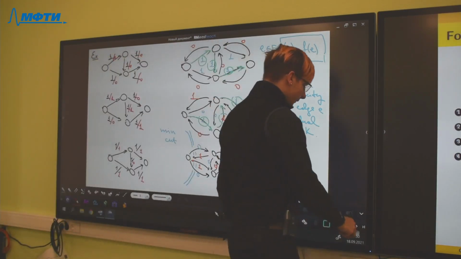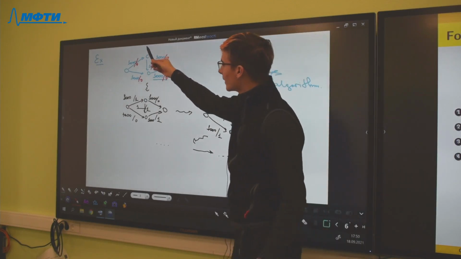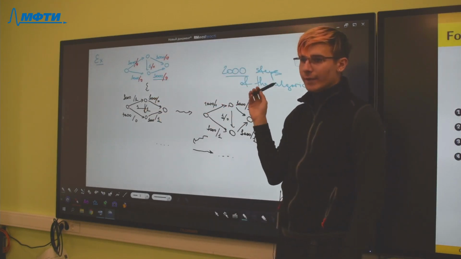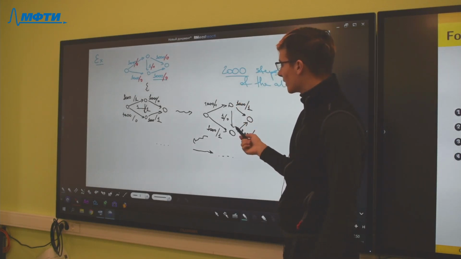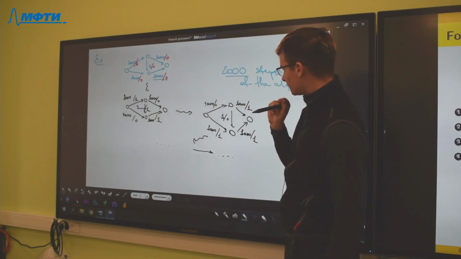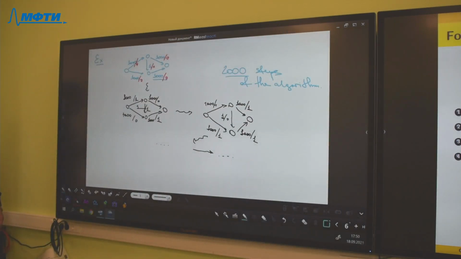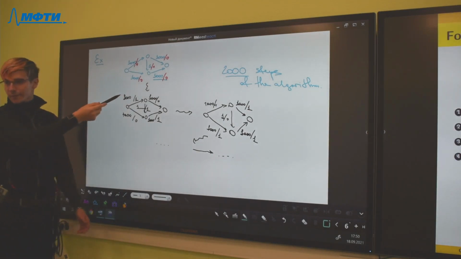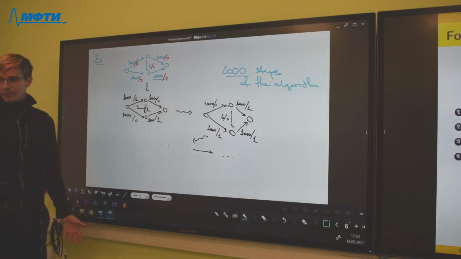And if we try to repeat these steps on this graph, we get 2000 steps, because one step increases our flow only by 1. And the maximum flow is equal to 2000. So we have 2000 steps of the algorithm.